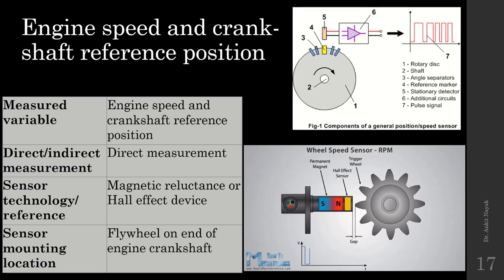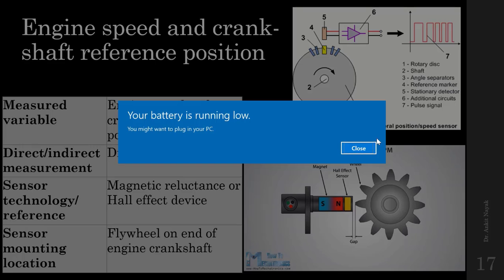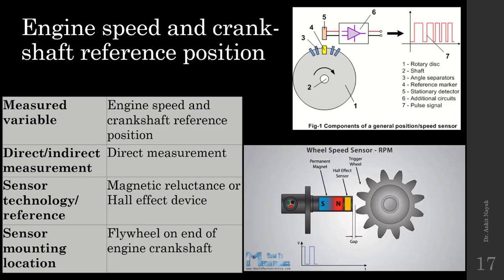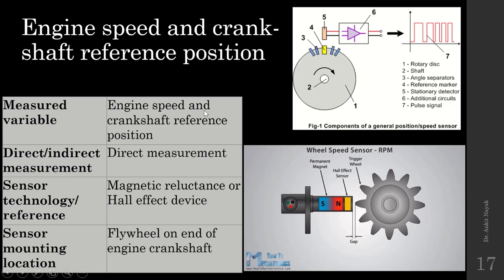These actuators basically work corresponding to the location or the speed of the crankshaft. So we have to measure the location, or I can say the position in a more precise way. So we have to measure the position and the speed of the crankshaft.